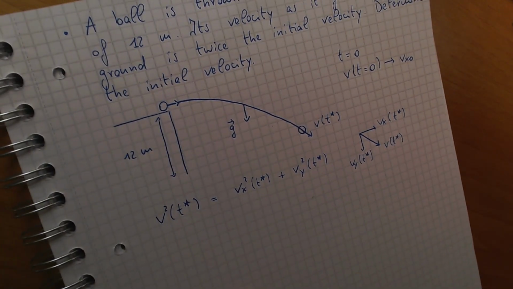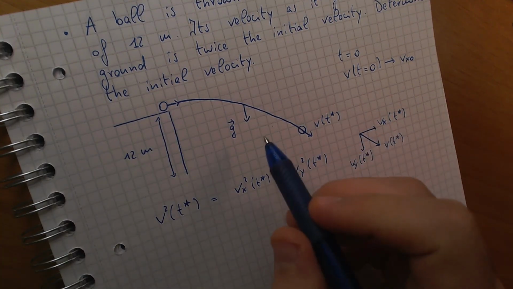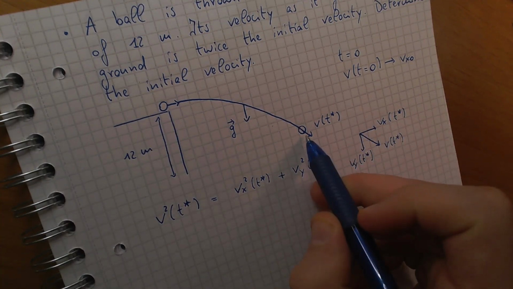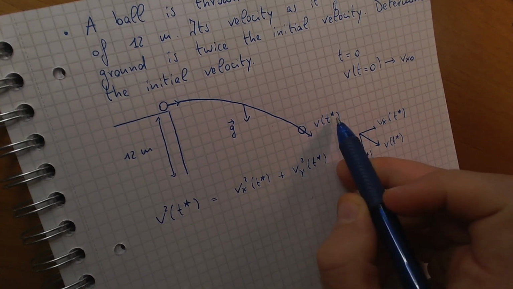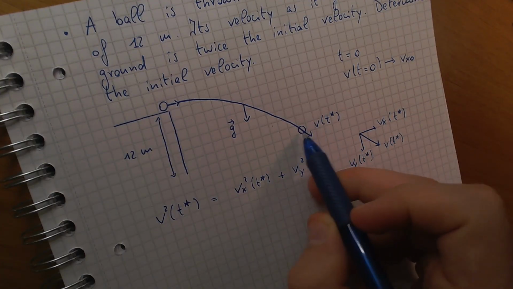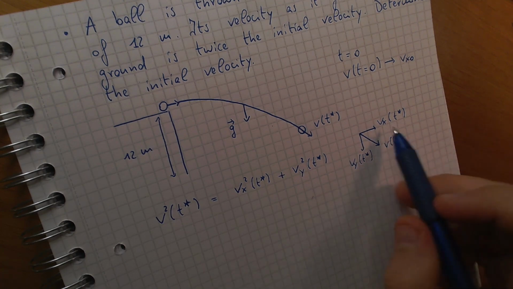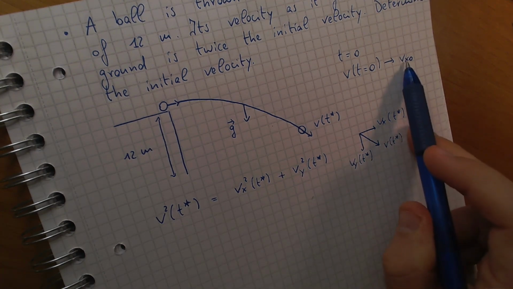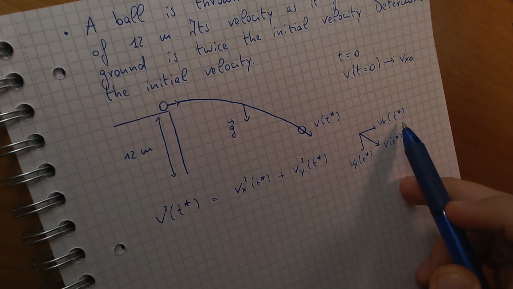So even at t star, when the ball reaches the ground, the horizontal component will be Vx0, the same velocity that we had initially.